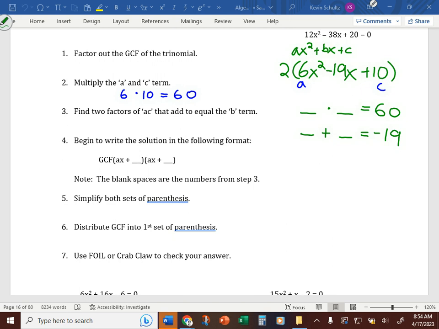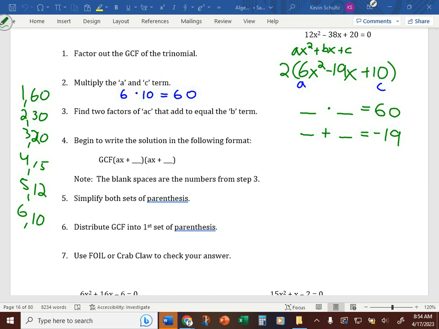So the question was asked earlier, do we start with the multiplication or the addition? Definitely start with the multiplication. 60's got a lot of options, right? We've got 1 and 60, 2 and 30, 3 and 20, 4 and 15, 5 and 12. What's the combo here? Which of those is going to get us to negative 19?